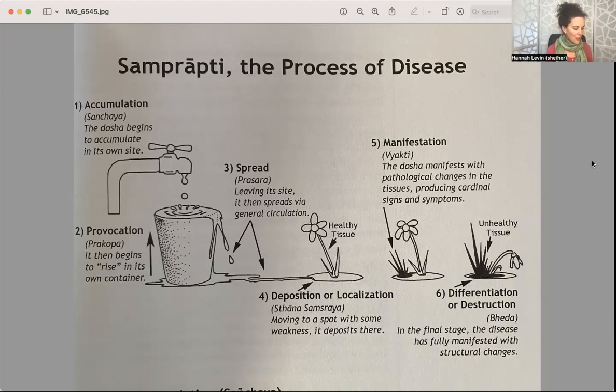So excess pitta in the second stage may cause acid indigestion and heartburn or even nausea. Now, this is really interesting because I talk to a lot of people that are dealing with heartburn, acid reflux, GERD, and they're put on drugs. And again, we're not looking upstream. What is happening here? There's an imbalance.